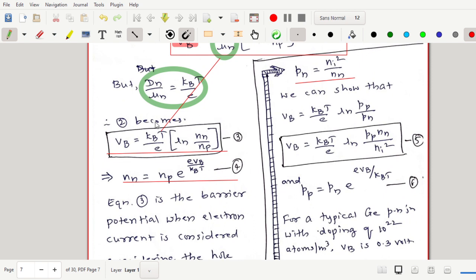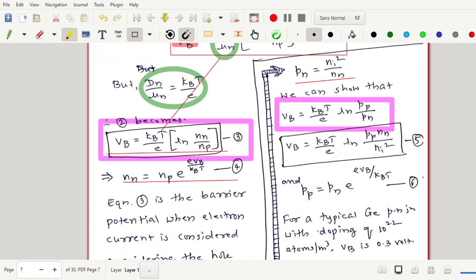So both the equations are here. One is this equation, and here is one more equation. Look at both the equations.